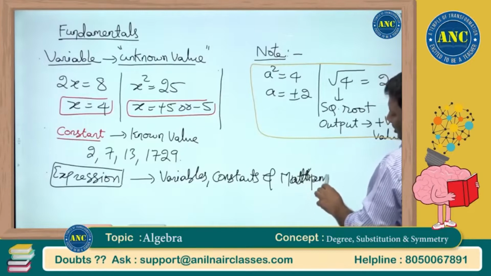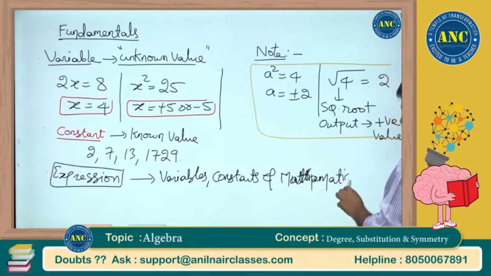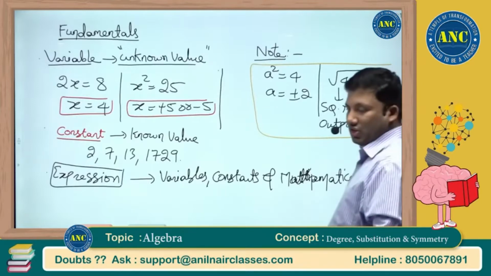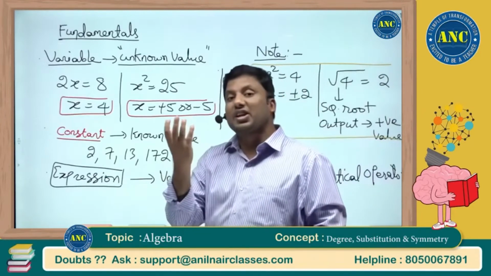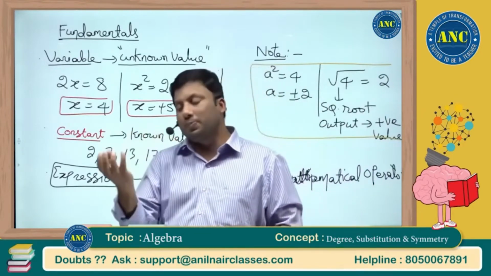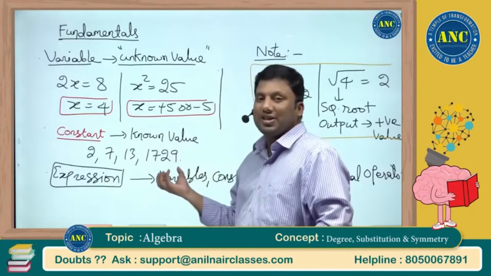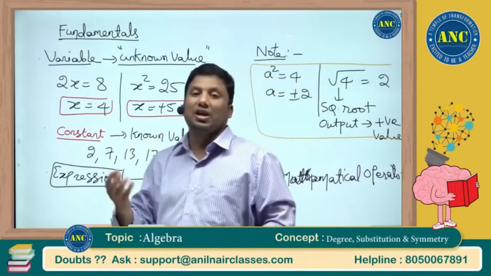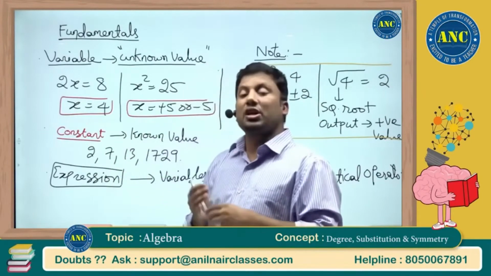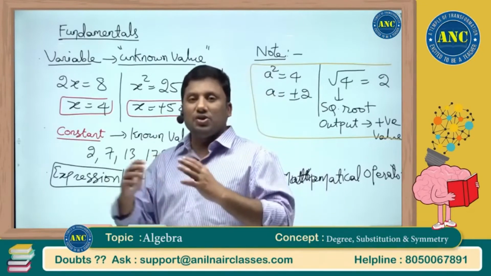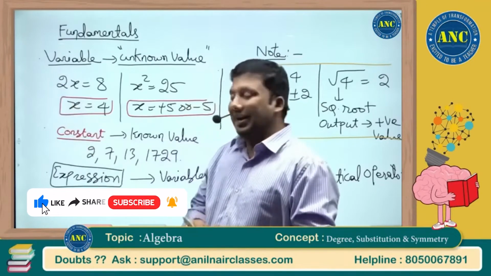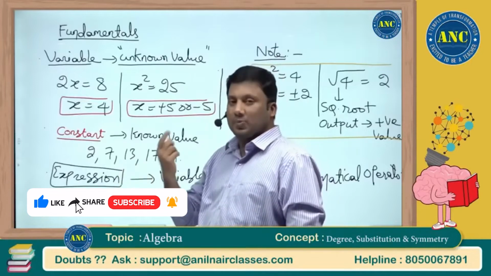If I express using variables, constants, and mathematical operators, then it is called an expression. In algebra, we express by using variables. In number system, we express using numerical values. In geometry, we express using diagrams. So, expression is a way of expressing.